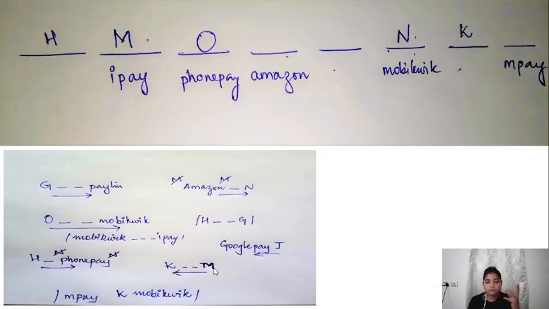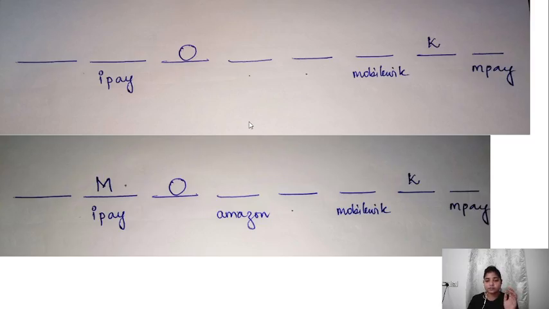Now I have no connection to write. Fine. Now I have this connection. M is not near Amazon, but I have written M here. Right? I cannot write Amazon Pay here, because it will be near to M, and this is not true according to the condition. So what are the other places I have left?